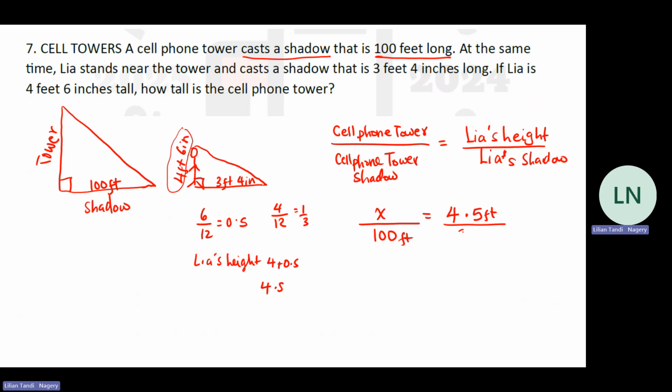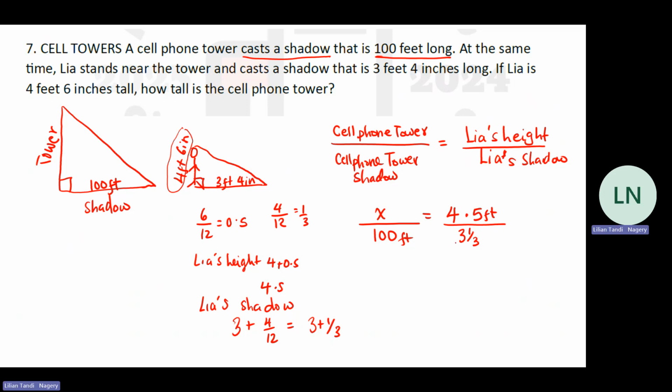So Leah's shadow will be 3 plus 4/12, which is the same as saying 3 plus 1/3. So is it 4 or 3? 3, not 4.